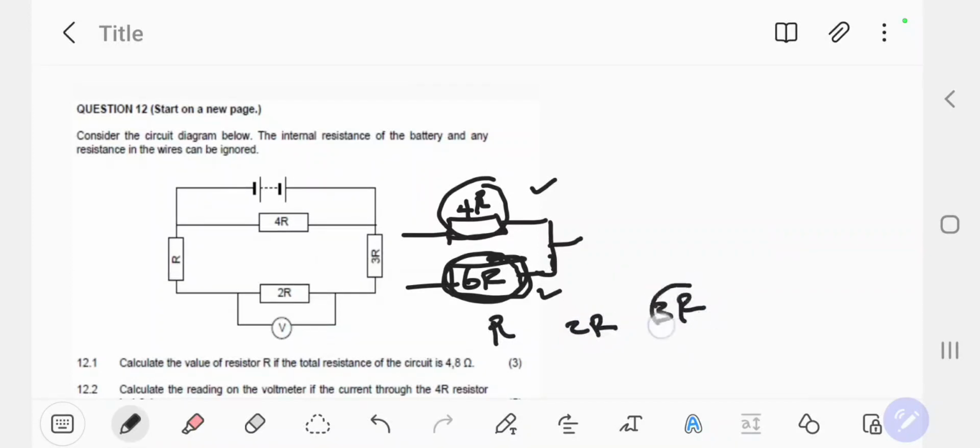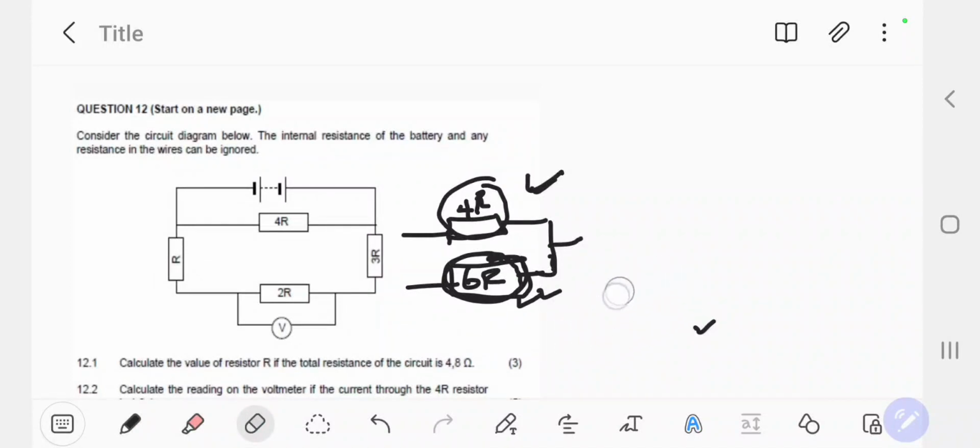So the amount of current flowing this side and also this side is going to be the same. And the voltage across this side and also this side is going to be the same as the voltage across the 4R, because the 4R is connected in parallel with the combination of R, 2R, and 3R. So that's basically how we're going to analyze that circuit.